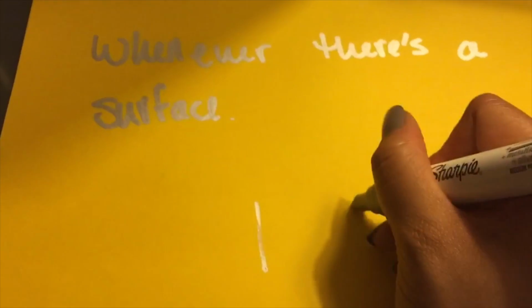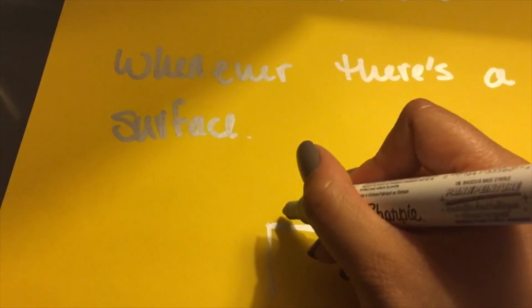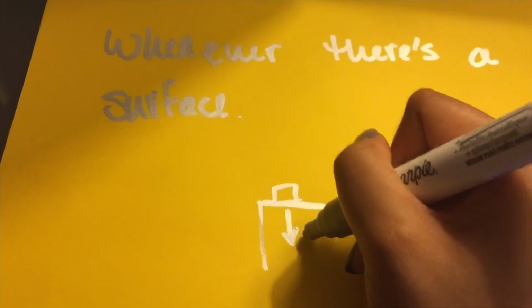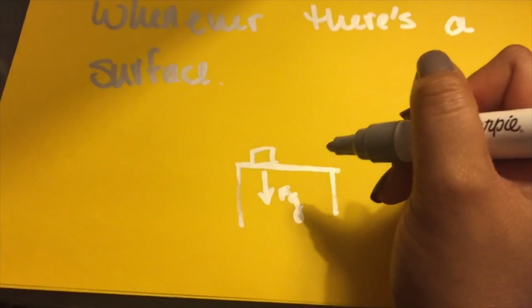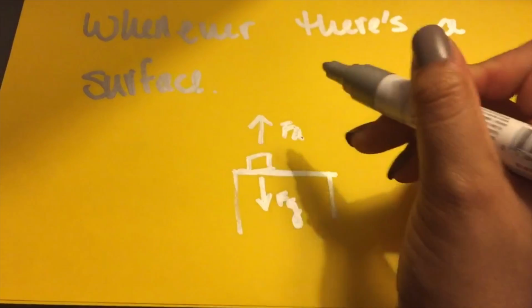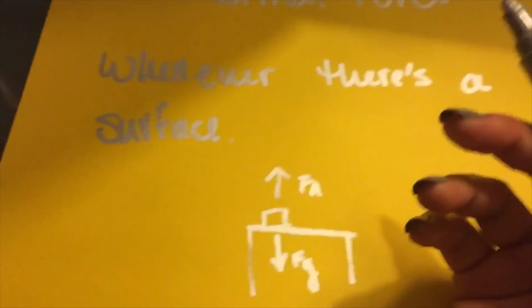So here's a table. Really bad, I know. But you have a book right here resting. So you're going to have force of gravity pushing down, which keeps the book grounded, but then you also have normal force pushing up, or else the book would just fall through the table, and that wouldn't be very helpful.